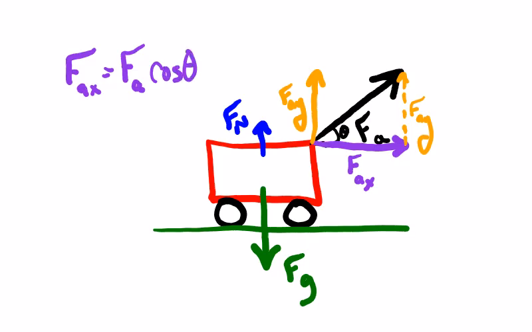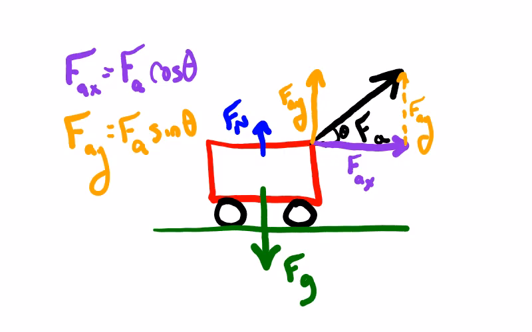What that does is figure out how much force is actually pulling the wagon forward or horizontally. And then we would do the same thing with my FAY, my vertical component. It's going to be FA times the sine of the angle, since when I look at it from this picture, the little dotted line, it's opposite it. So that's the main thing that we have to do.